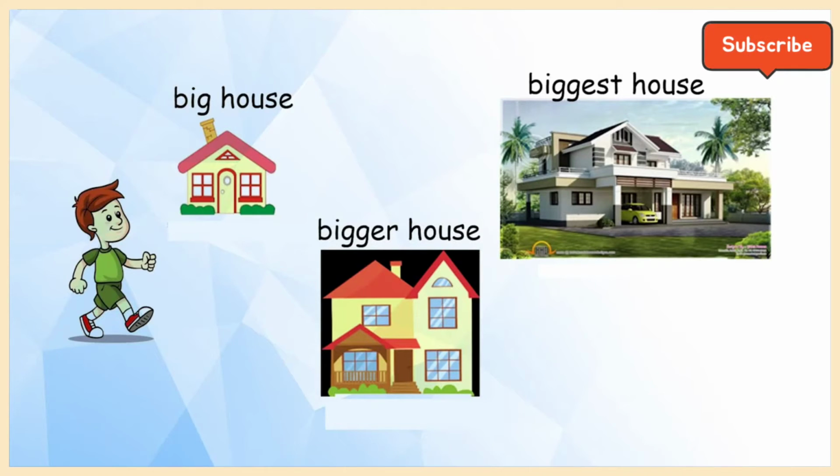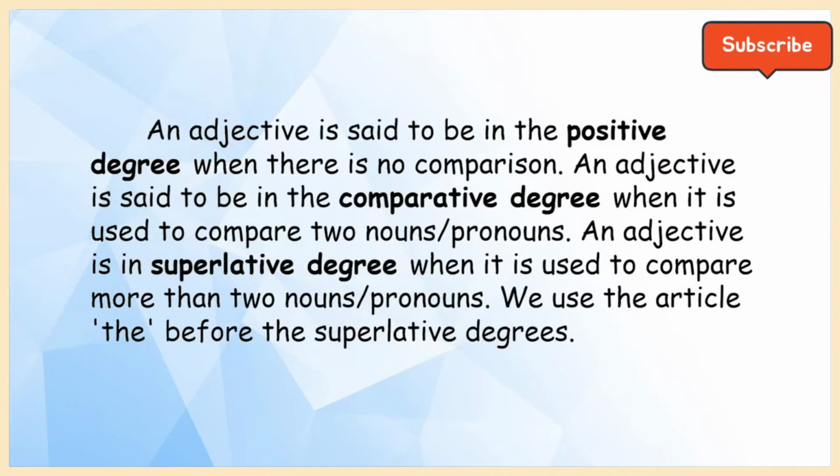Today, we will be discussing the degrees of adjectives in making comparisons: positive, comparative, superlative. An adjective is said to be in the positive degree when there is no comparison.